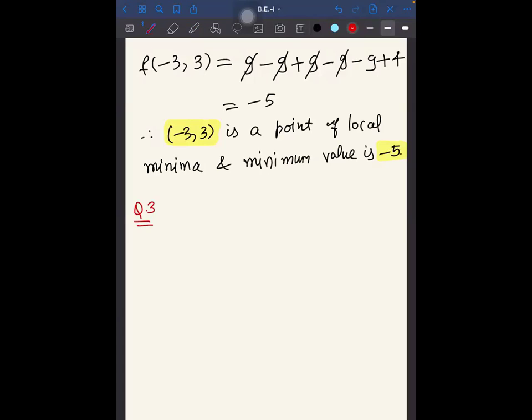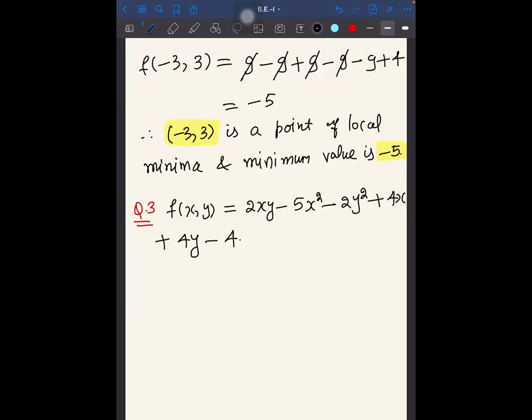So let's say we have a function, and that function is 2xy minus 5x square minus 2y square plus 4x plus 4y minus 4. Right?